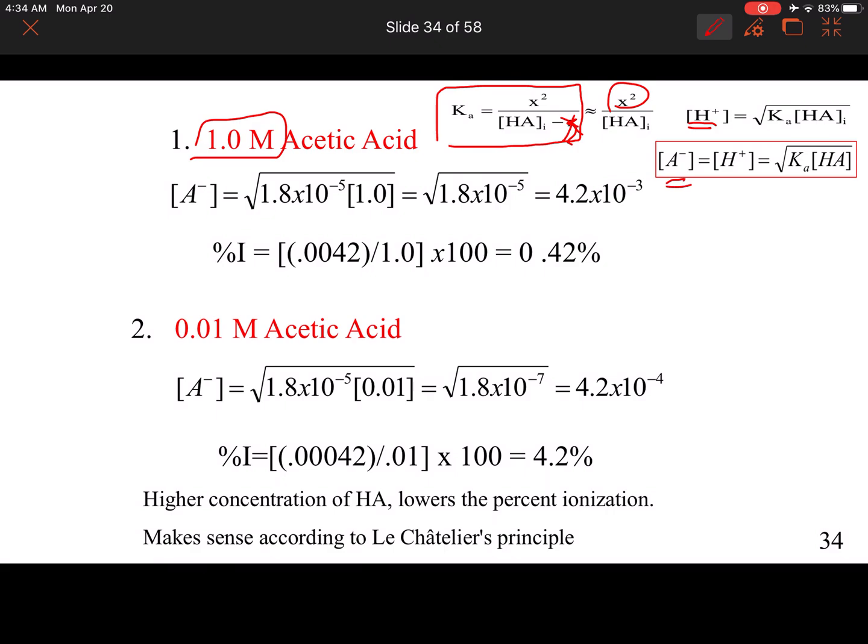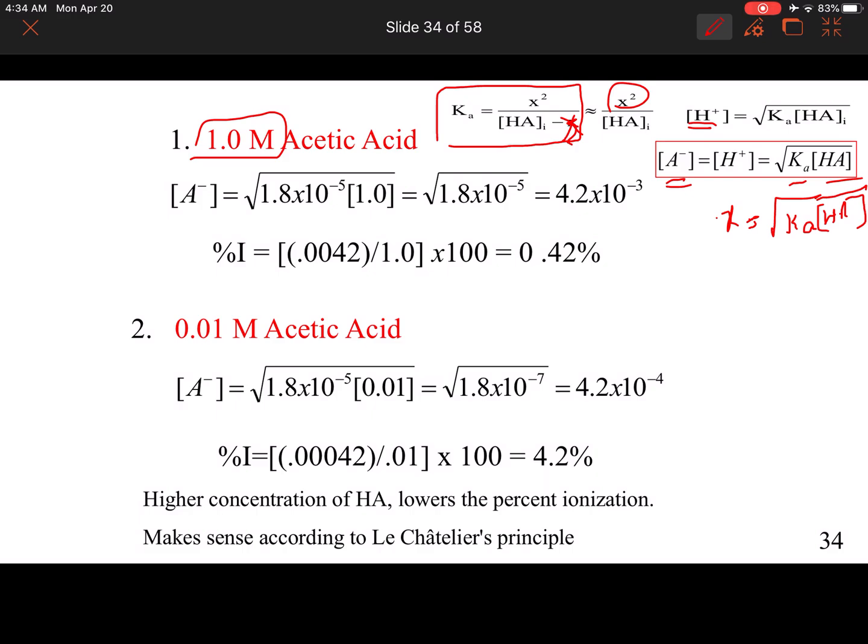So X, or the amount ionized, is the square root of Ka times HA concentration. So it's directly related to the concentration.